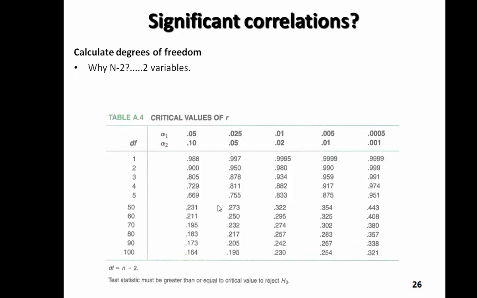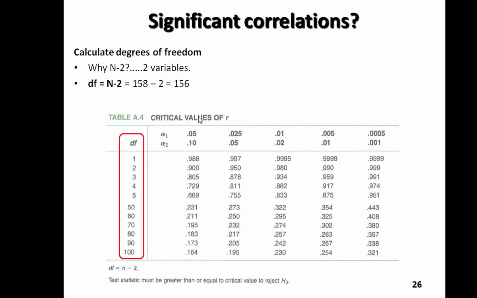And we subtract 2 from the sample size of 158 countries because we have two variables. We have an x and a y. And each variable will have its own degrees of freedom. And in this case, we have 158 minus 2. That gives us 156 for the degrees of freedom.